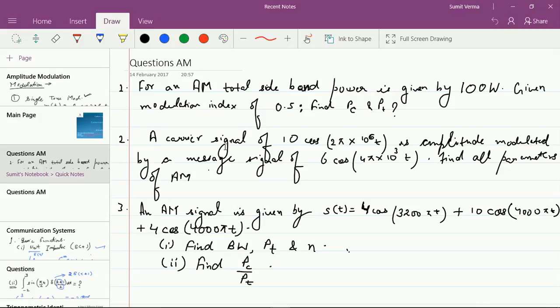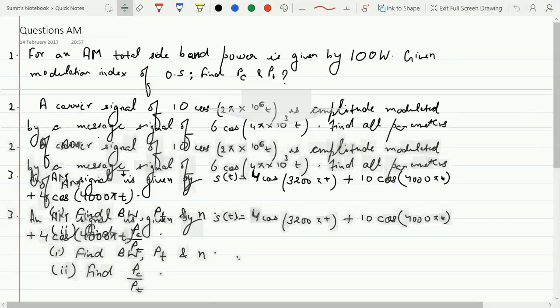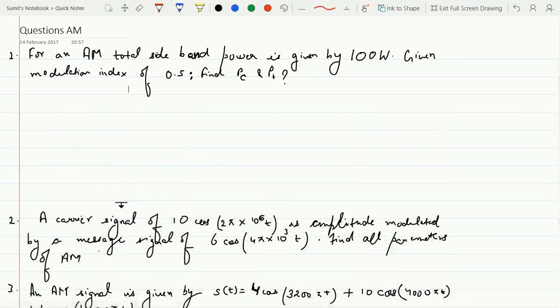Let's look at question 1 now. These are very simple questions based on direct formulas.